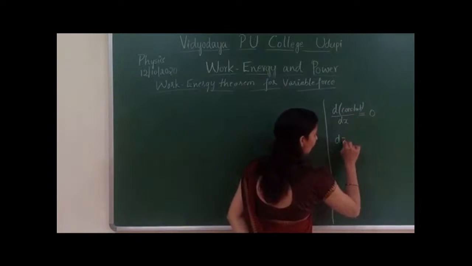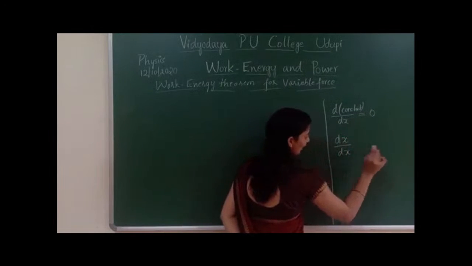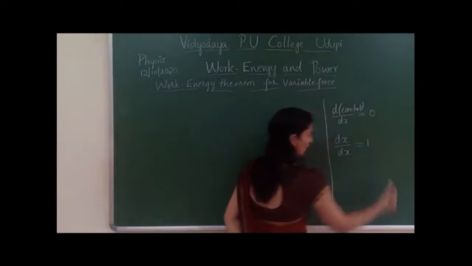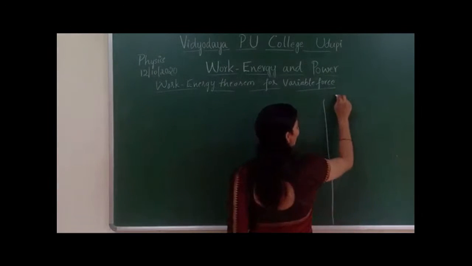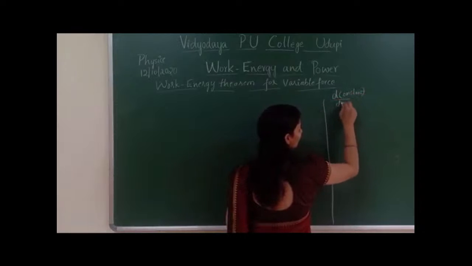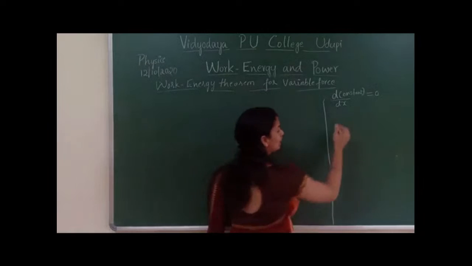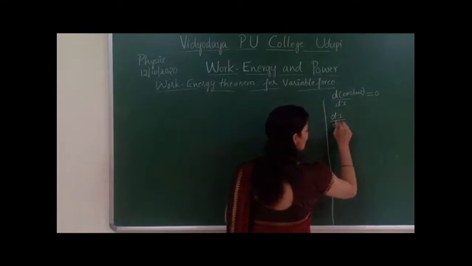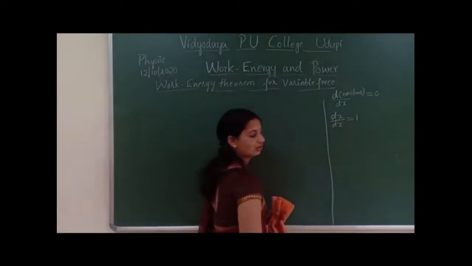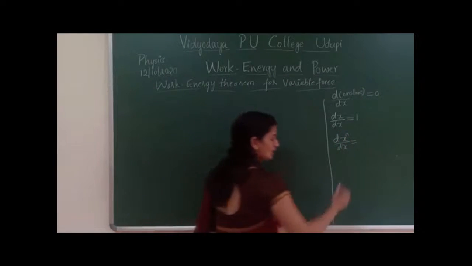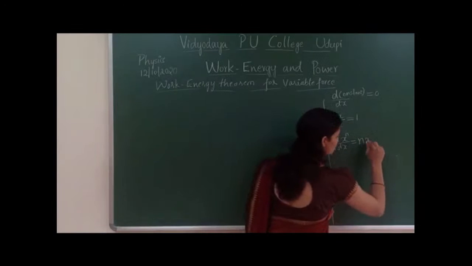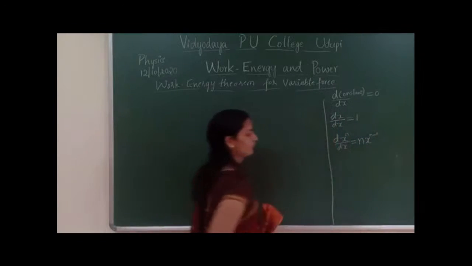And the differentiation of x with respect to x is equal to 1. The differentiation of a constant is equal to 0, the differentiation of x with respect to x is equal to 1, and the differentiation of x to the power n with respect to x is equal to n into x to the power n minus 1.